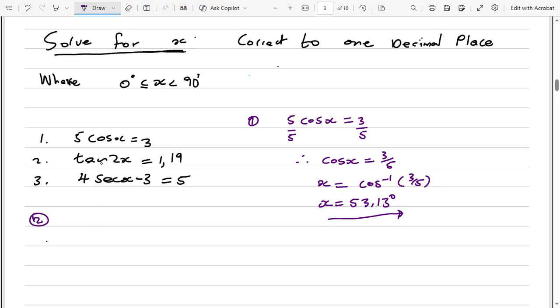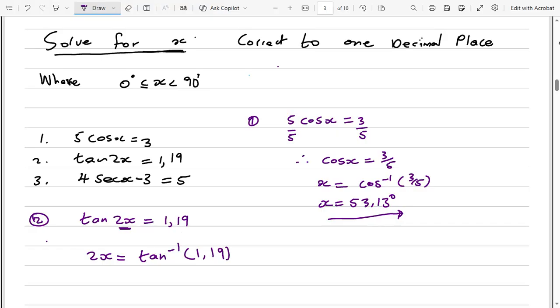So on this one, where you have tan 2x equals 1.19, you do the same. We need to isolate the 2x first. So 2x is equal to the tan inverse of that value, 1.19.